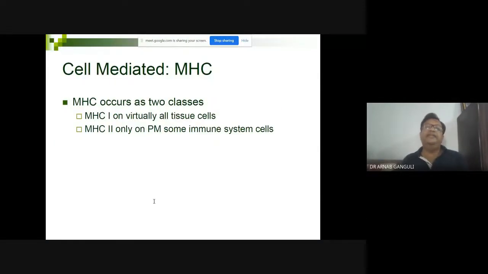Now, about MHC molecules, the major histocompatibility complex. It was basically found in mouse. It was found that every individual has a different type of histocompatibility complex. It's a cluster which lies on a chromosome, the MHC1 and HLA locus.